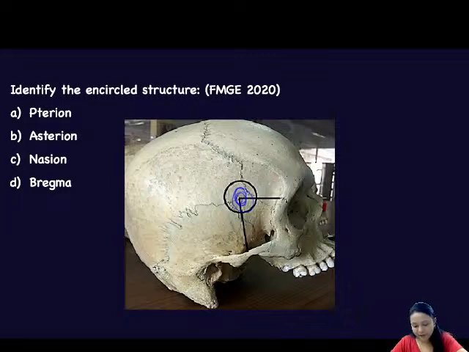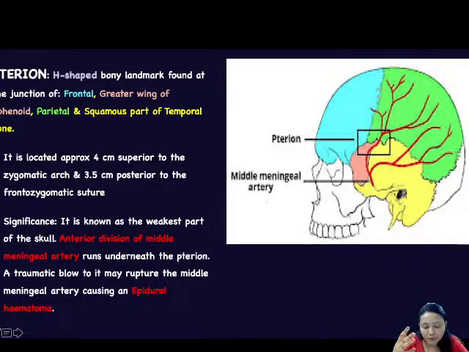Anybody in the chat who can identify it? They have given the options Pterion, Asterion, Nasion and Bregma. Anybody who knows the answer? Before we start this, let us study one by one what is Pterion, what is Asterion, Bregma and all.